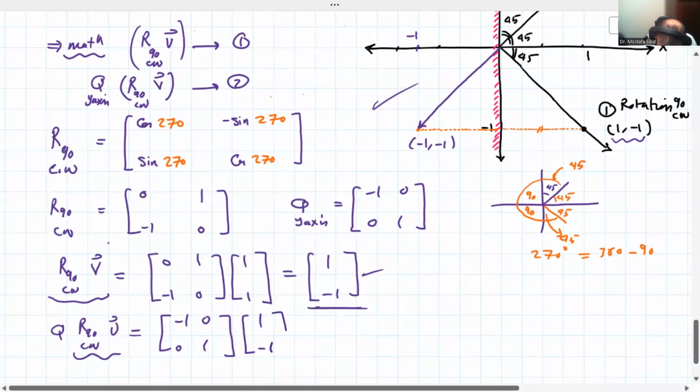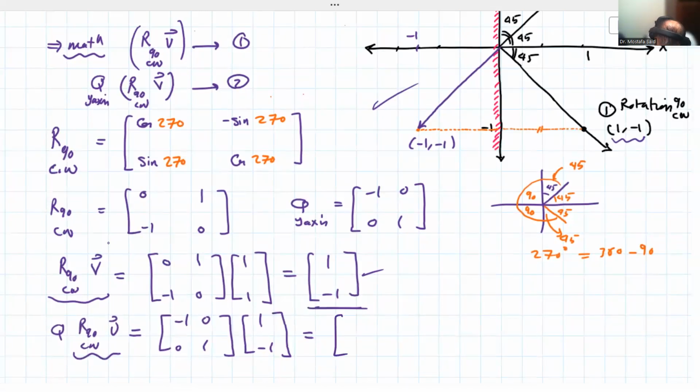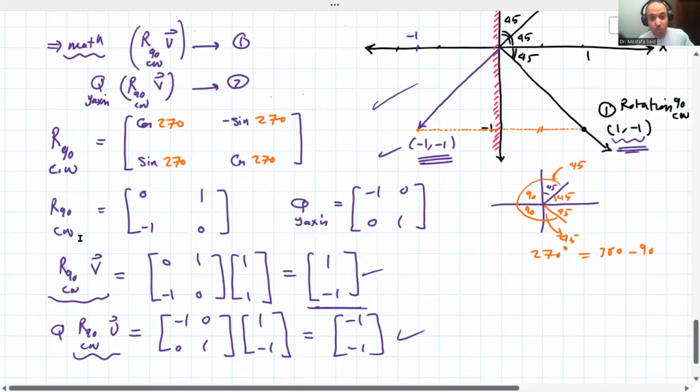So this will be minus 1, and 0, 1, minus 1 will be minus 1. And that's the final answer, right? We know this transfers 1, minus 1 to minus 1, minus 1 from the geometric solution. So we did it, we solved the problem.